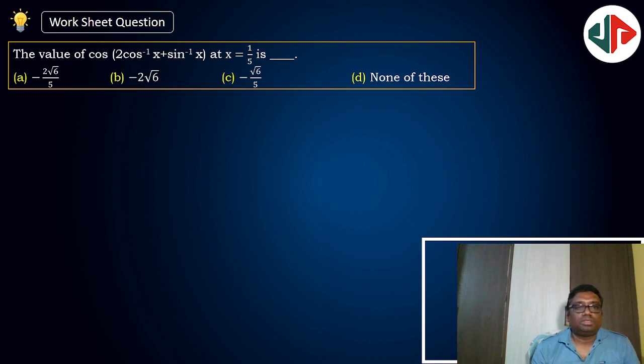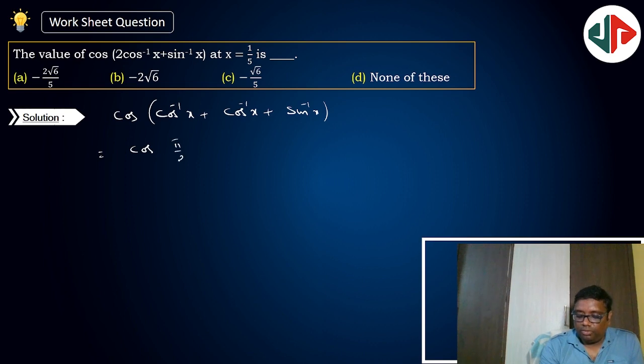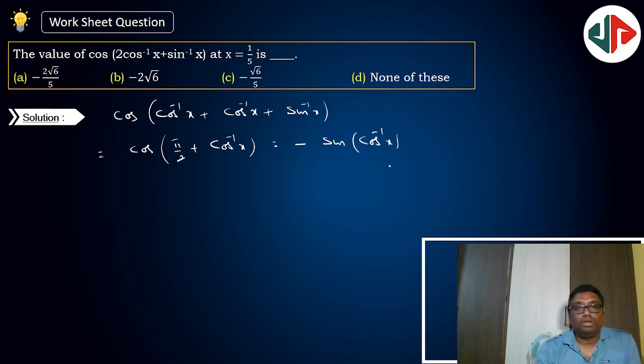What is the value of cos of 2 times tan inverse of (cos inverse of x plus sin inverse of x)? Same condition. Cos inverse of x plus sin inverse of x, so it is nothing but cos of pi by 2 plus cos inverse of x. It is nothing but minus sin of cos inverse of x. Convert in terms of sine.